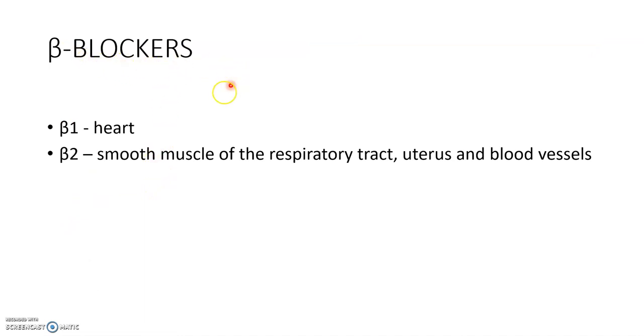So beta blockers: beta 1 is mainly on the heart, as we have mentioned previously, and beta 2 acts on the smooth muscle of the respiratory tract, the uterus, and also the blood vessels.